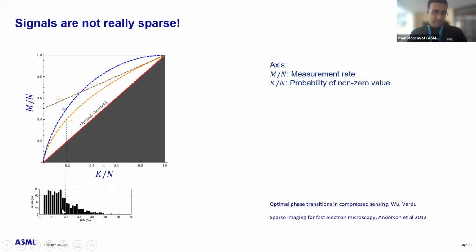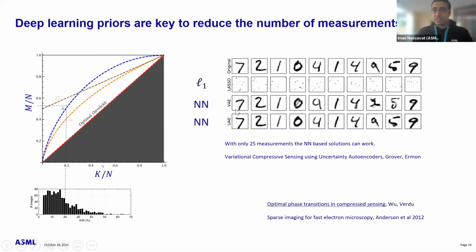if you're in this region, say, around 20% non-sparsity, your measurement rate can just be half. So essentially, you can measure half the number of pixels such that things work without any error, which doesn't look that good, actually. So this is where data science really comes and brings value. Suppose this is MNIST numbers. This is L1 reconstruction, so using only sparsity.